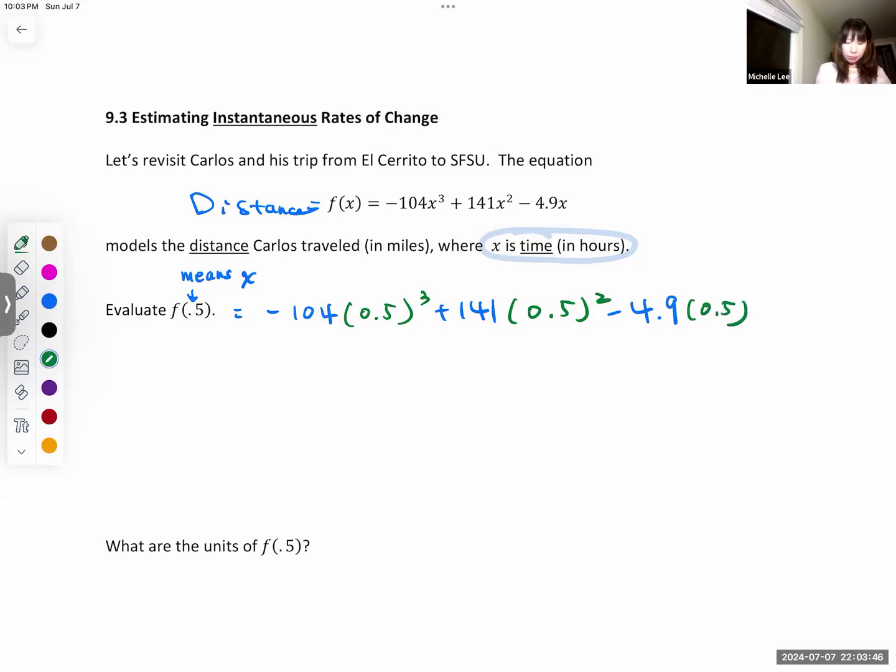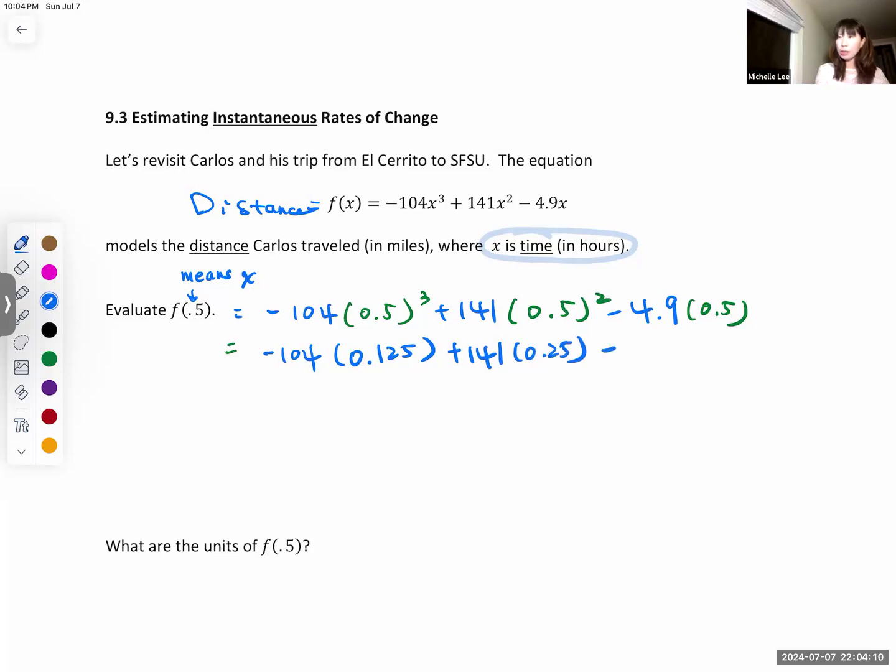Okay, so we calculate the exponent first. Negative 104.5 times 0.5 to the third power, which is 0.125, plus 141.5 times 0.5 squared, which is 0.25.